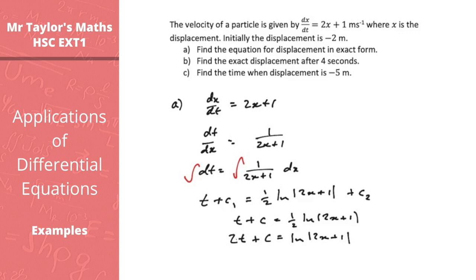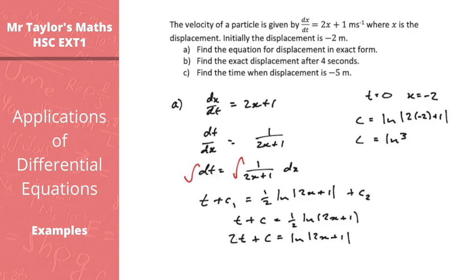At this point we want to use our initial conditions, which is when t is 0, x is -2. So t is 0, so c equals ln of 2 times -2 plus 1. 2 times -2 is -4, plus 1 is -3, so it's ln of the absolute value of -3, which is ln 3. So that is our c value.